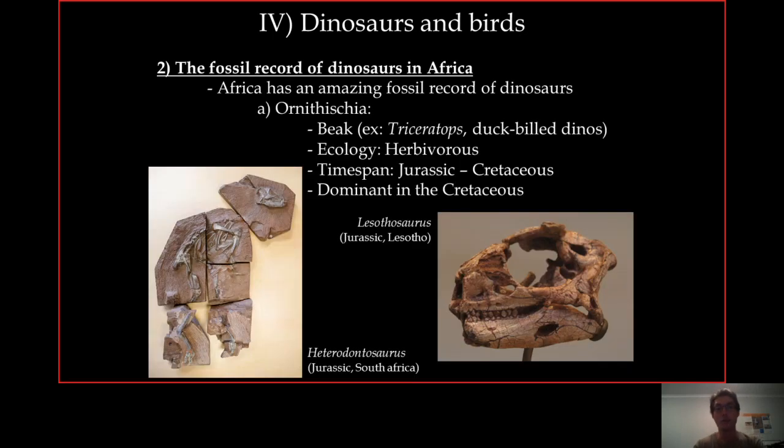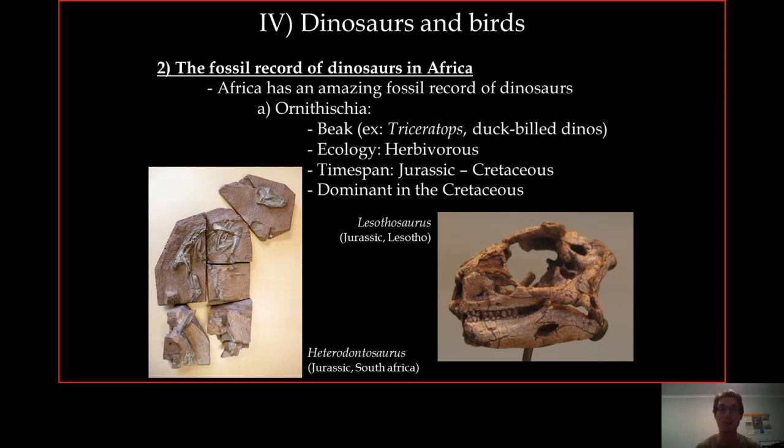And then you have 3 big families of dinosaurs. The first family of dinosaurs is the Ornithischia. The Ornithischia are the herbivorous dinosaurs, the small, may I say, herbivorous dinosaurs. These dinosaurs are characterized by the presence of a beak.